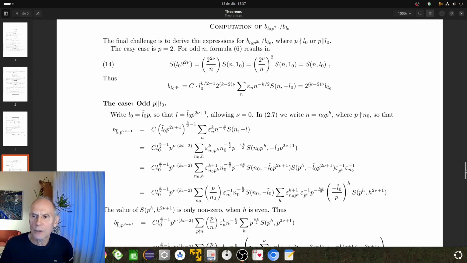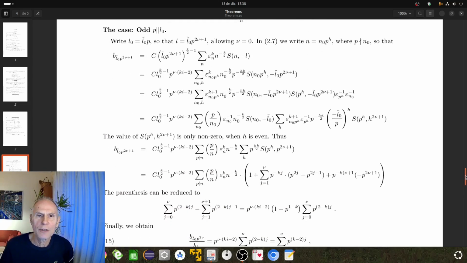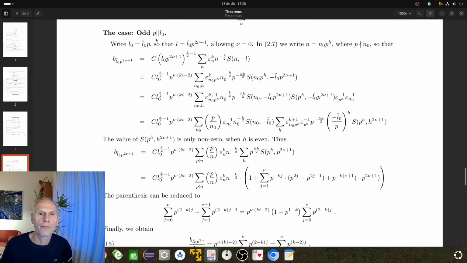And then we go to the odd primes. First, when L naught contains the prime. And it's just going through the algebra, and the only difficult point comes when we sum over the powers of p. We get a simplification.